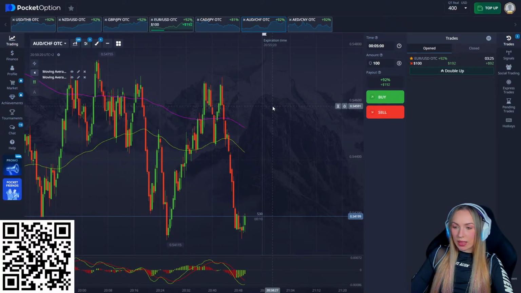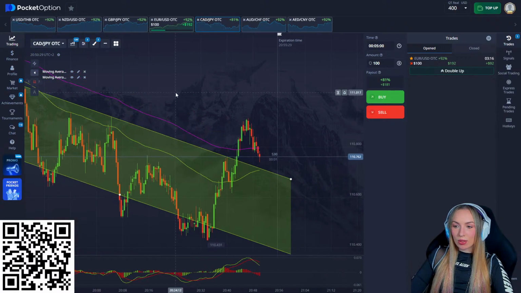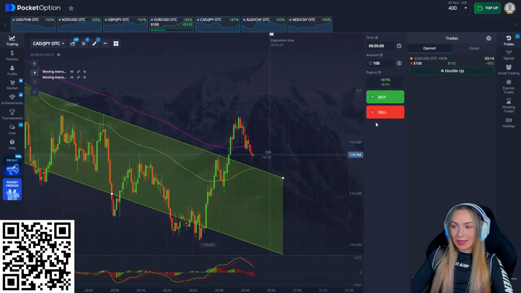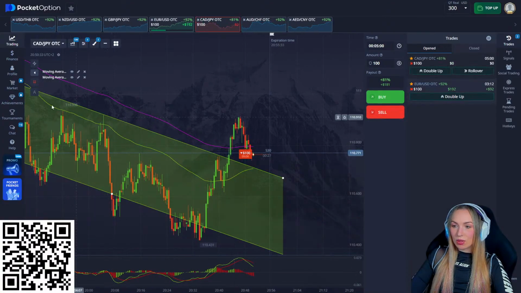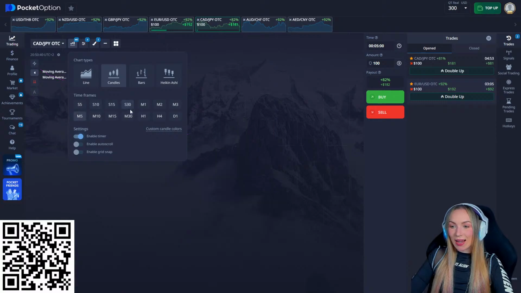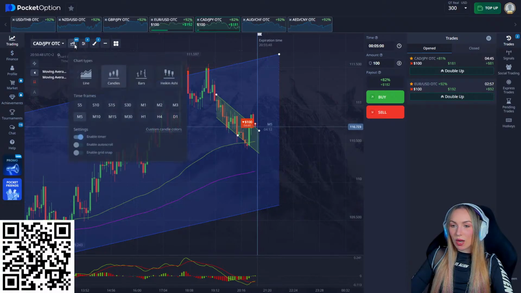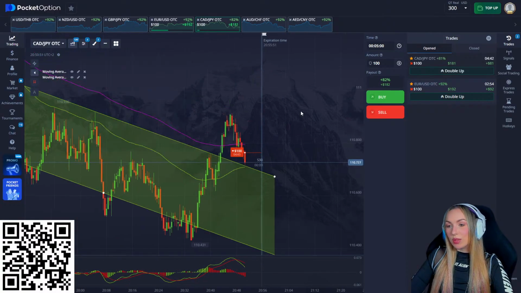Okay, I think this one I can delete, and next time we can open here the trade in the downward direction. Oh look, CAD JPY is going down again. I want also to open here the trade for 5 minutes in the downward direction in CAD JPY, because as you remember, this one is still so far from the support, so I believe that it will go down.